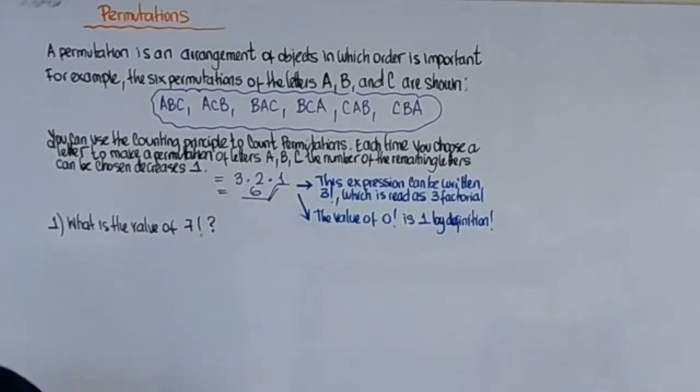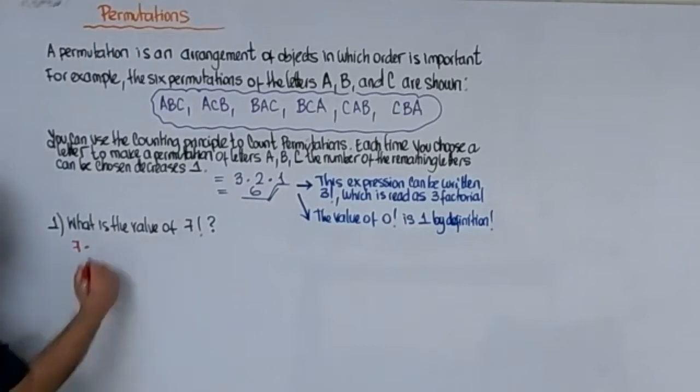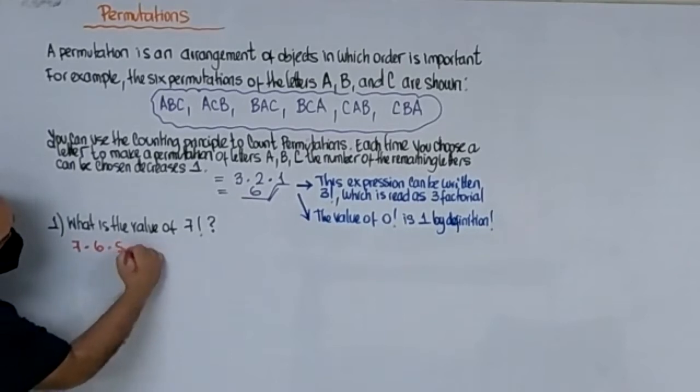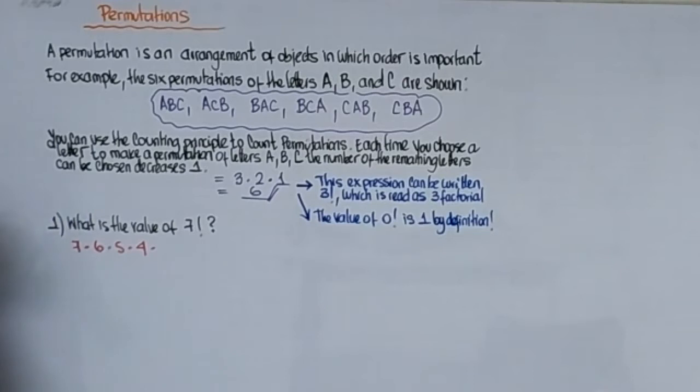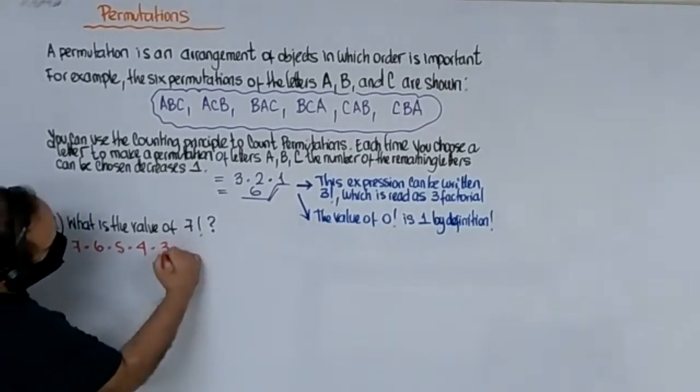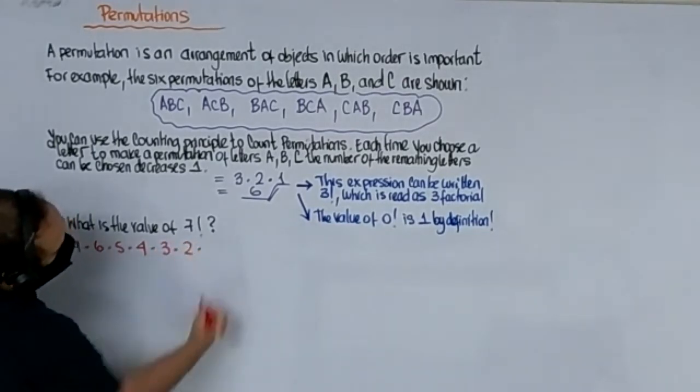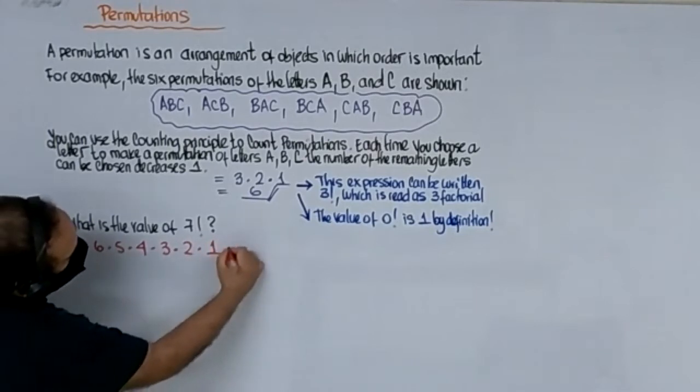We start from the number 7, multiplying by the next one. 7 minus 1 is 6, another one is 5, another one is 4, another one is 3, another one 2, and the last one will be 1.